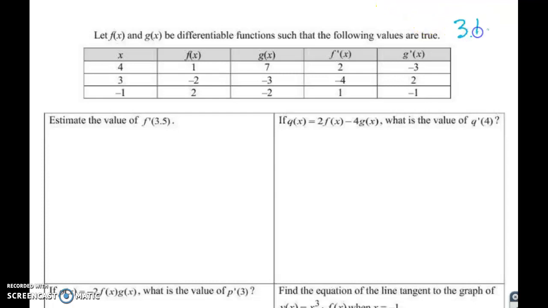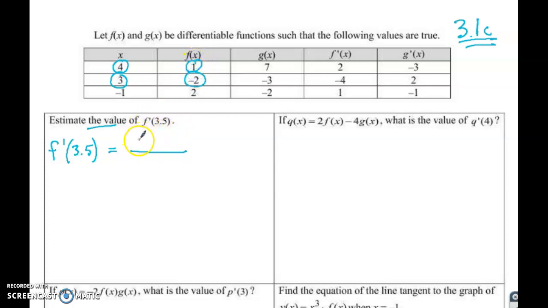Here's 3.1c for calculus, and what we're approximating for this estimate is reminding you that an estimate for f prime of 3.5 is some sort of difference quotient of numbers around it. So as you look at numbers around, you could just approximate by using the y values.